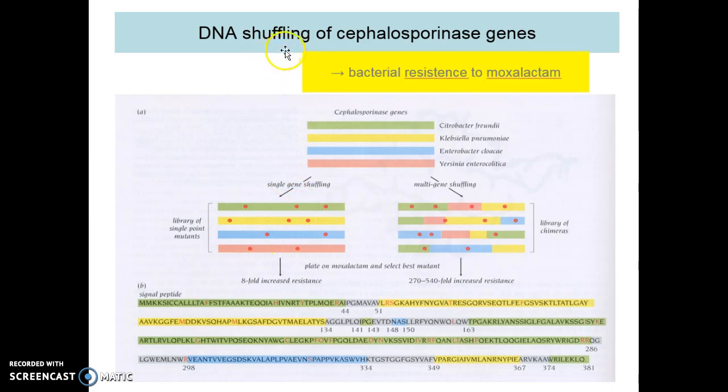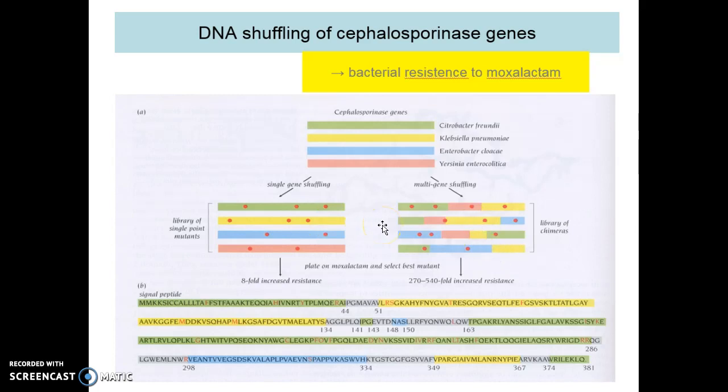DNA shuffling of the cephalosporinase gene. Its gene product is involved in bacterial resistance to some antibiotics called moxalactam. In A, 4 homologous genes from bacteria were subjected to one cycle of cleavage and recombination, resulting in mutant genes containing 4 mutations, shown in red circles, and large pieces of each wild-type sequence.